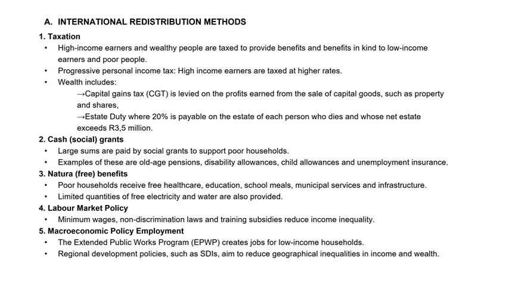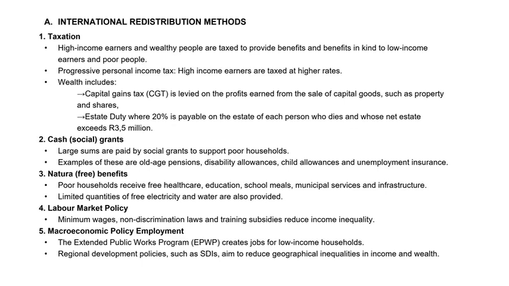So if you die and they add up everything that you own and it comes to the value of 3.5 million or more, then 20% of that would be payable in the form of estate duties. So with taxation, you have your progressive personal income tax and you have your wealth taxes, which is your capital gains tax and your estate duties.